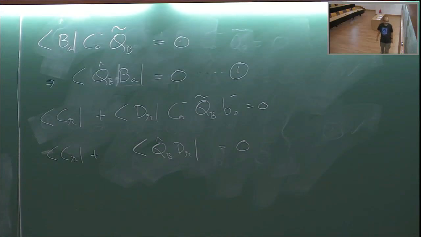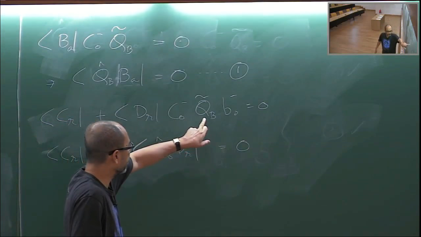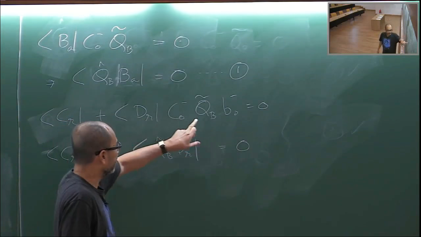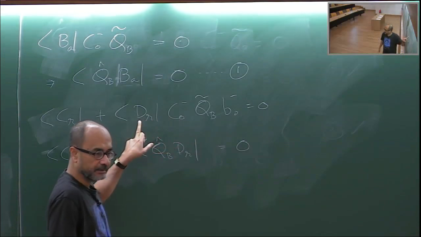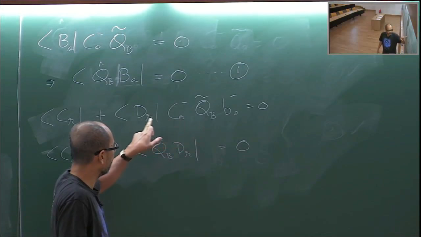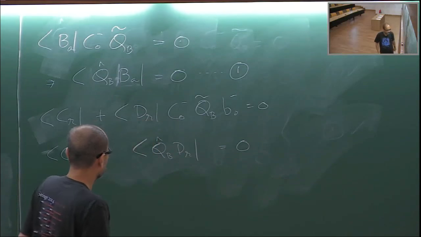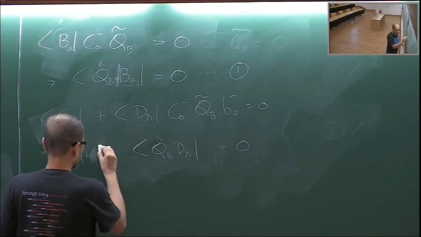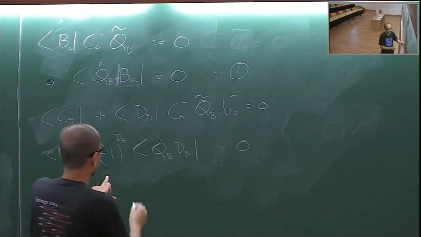So there are several signs that you have to worry about. So QB tilde has to come here, right? In that process QB tilde passes through C0 minus and dr. So that gives you minus 1 to the dr plus 1.